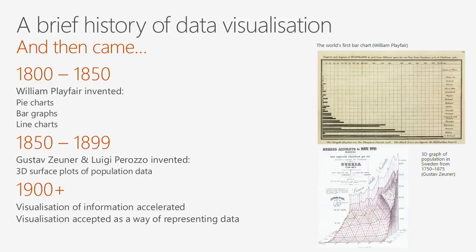That he invented. Whilst his background wasn't in statistical analysis, he was an engineer, drawing plans for the steam engine. He somehow figured out to represent data visually. Now, this was not accepted at the time.